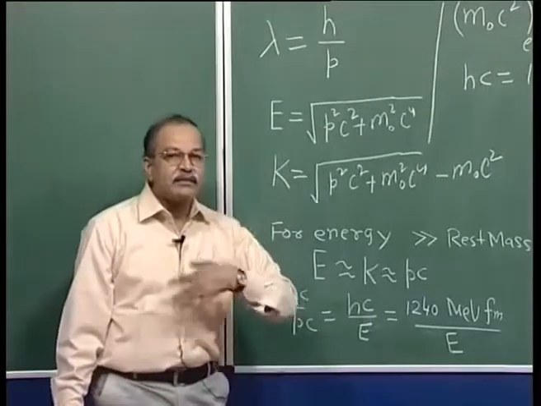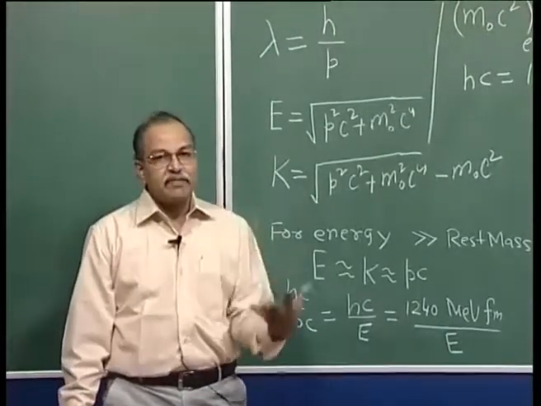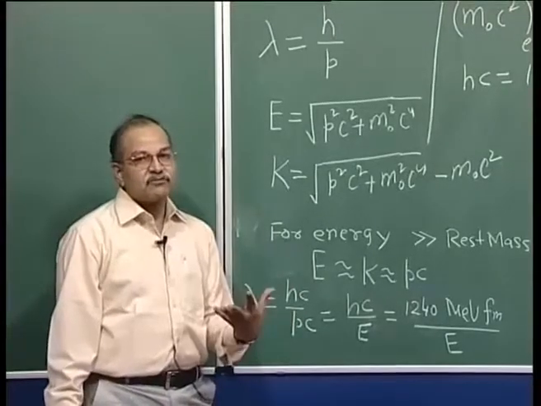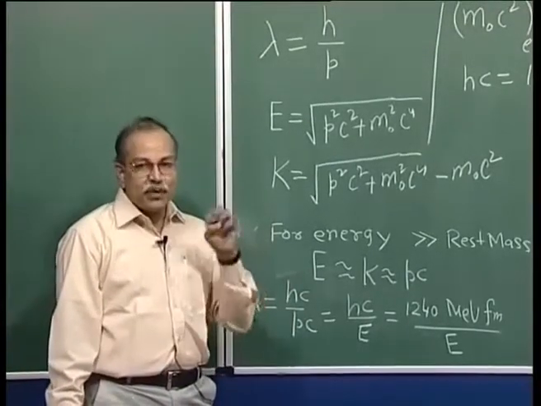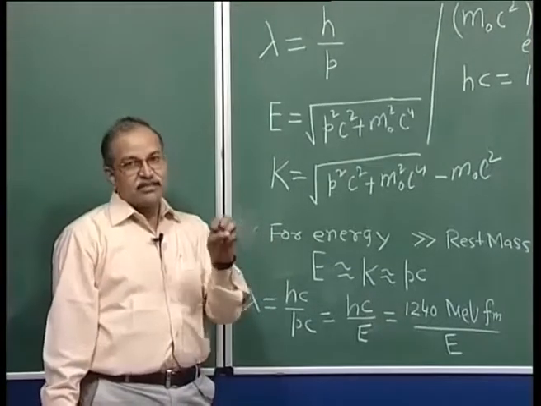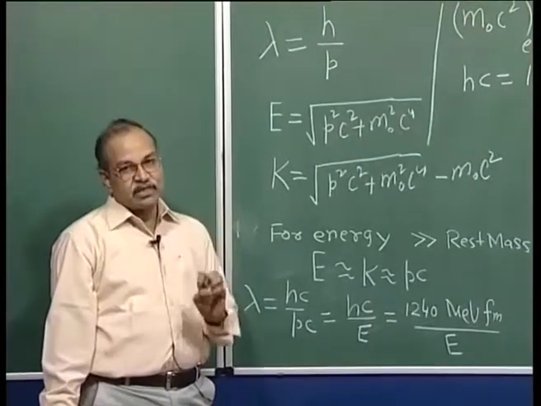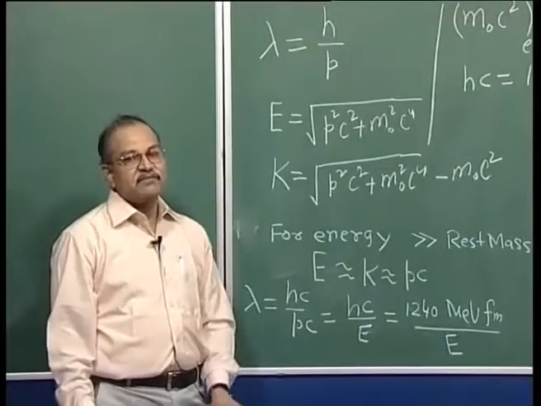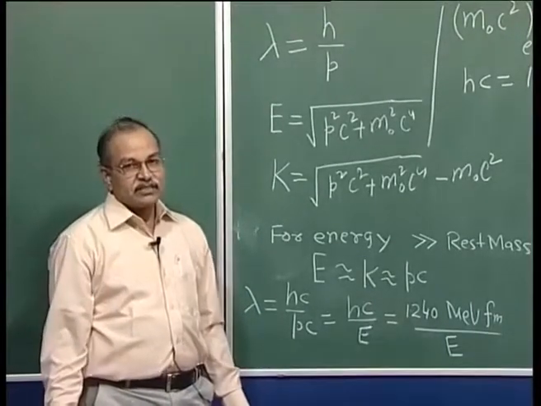So, you need hundreds of MeV, mega electron volts, of kinetic energy to be given to the electron, so that its wavelength becomes comparable to or smaller than the size of the nucleus.